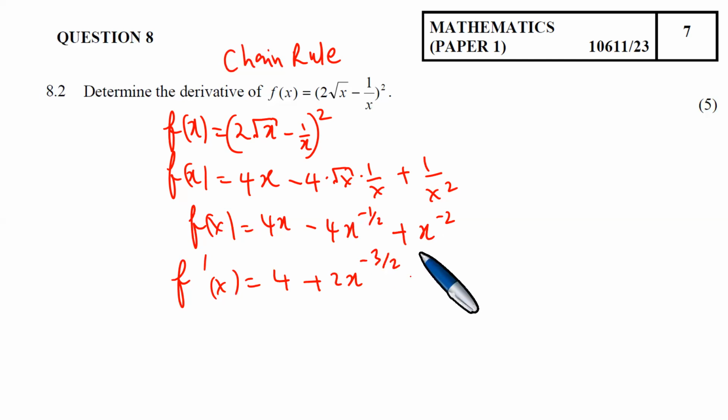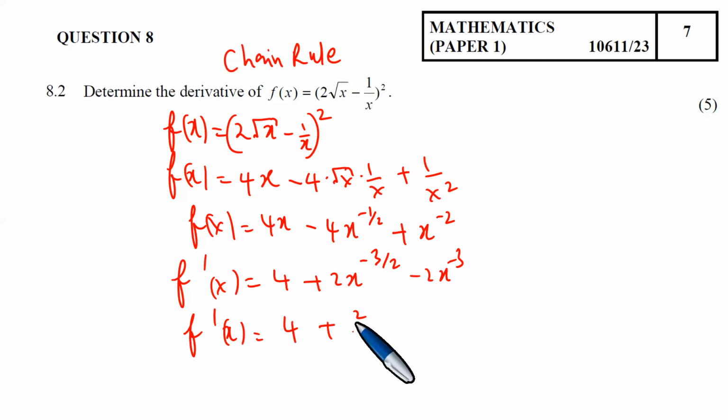Bringing the minus 2 down is minus 2x to the minus 3. Which can be written normally. You need to write your answer with positive exponents if time allows, but you need to be very fast. So which is actually 4 plus 2 divided by x to the 3 over 2, minus 2 over x cubed.